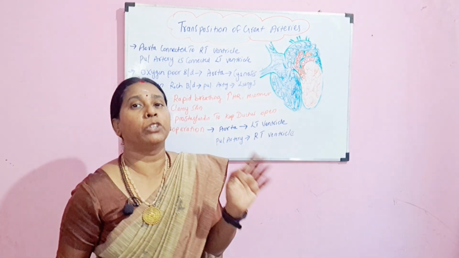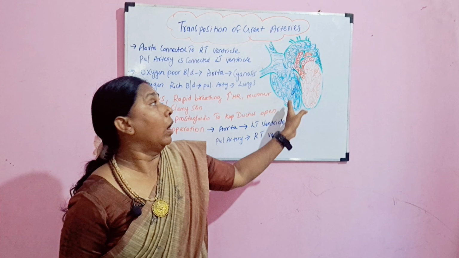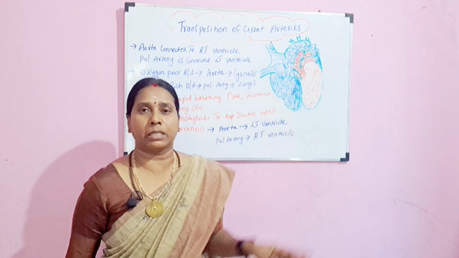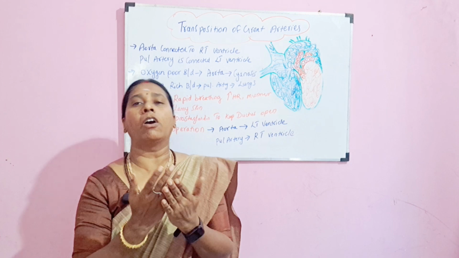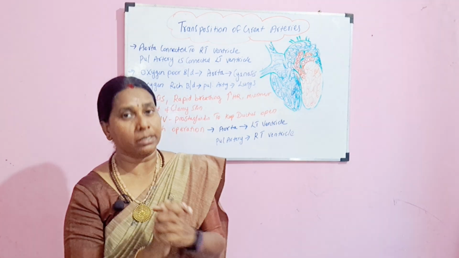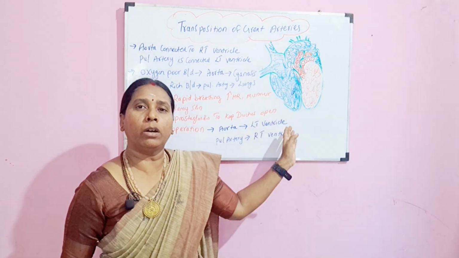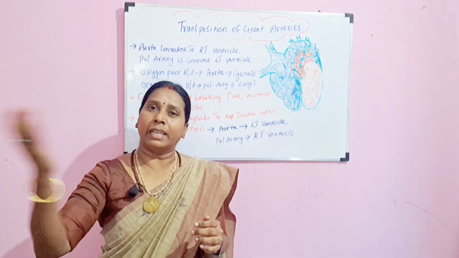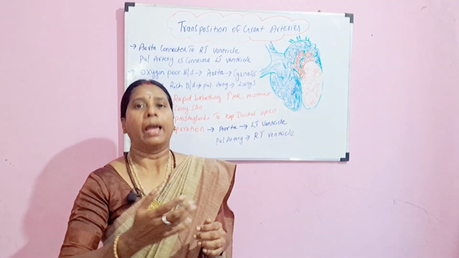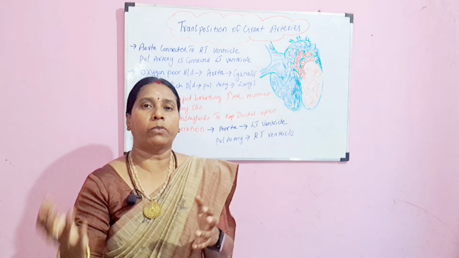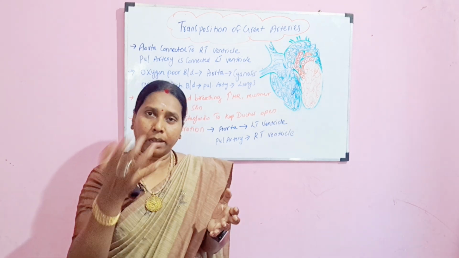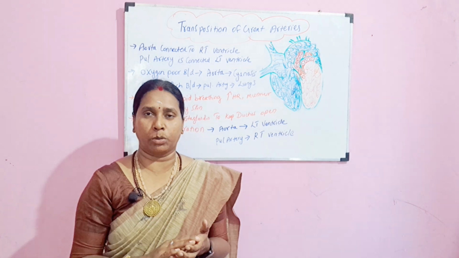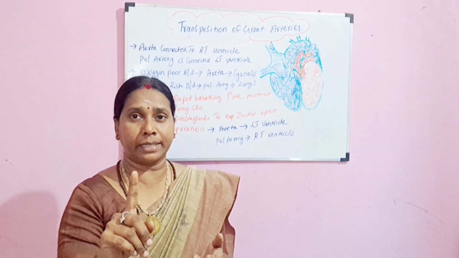Already there is a mismatching of the positions, so we are expecting that at least mixing of blood will take place. Instead of pure deoxygenated blood going for systemic circulation, when mixing takes place, at least 50% of oxygen will be carried to the aorta for systemic circulation. You are able to understand my point of view.